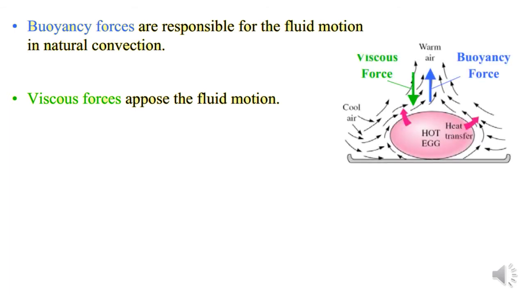I put a figure on your right hand side. As you can see, the buoyancy force is moving upwards, and the viscous force is moving downwards. Viscous force is the force between the fluid layers, and the buoyancy force is as I showed in the previous slide.